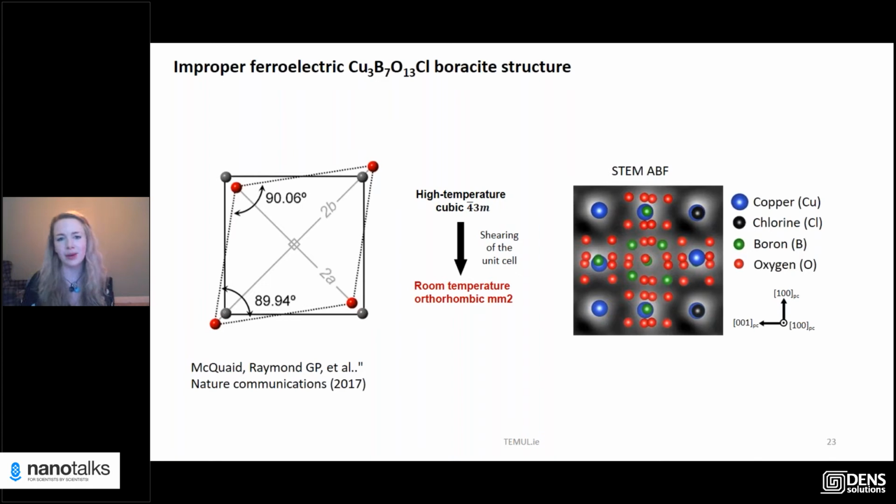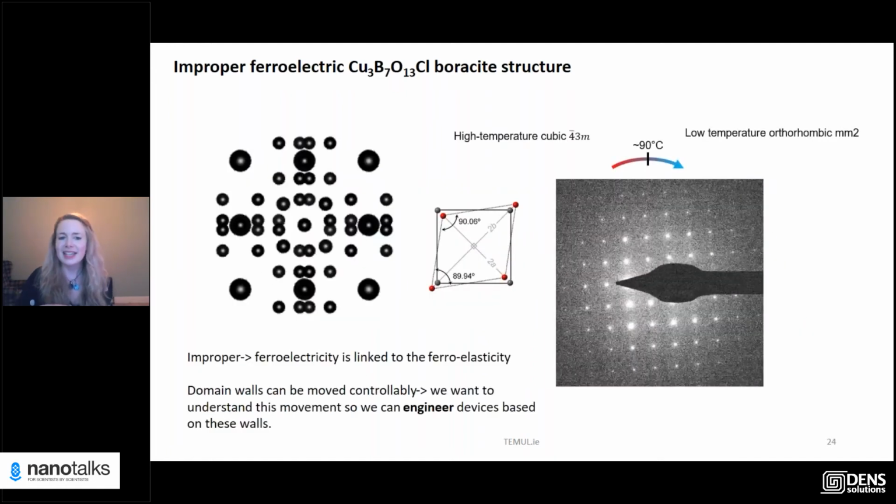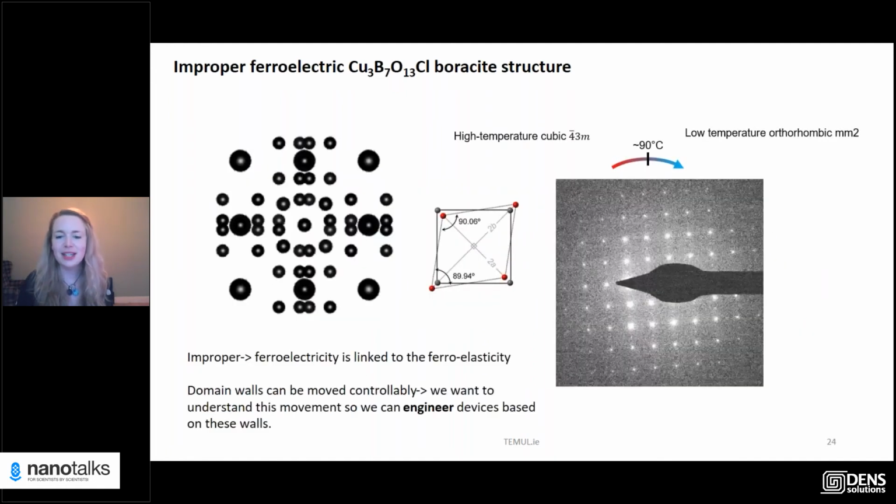But we need to map out those atomic displacements, because we're not actually changing the chemistry, we're just changing displacements, and those displacements then result in whether something is conductive or insulating. Okay, so first I took the material, and this is in situ heating and diffraction mode, of course.